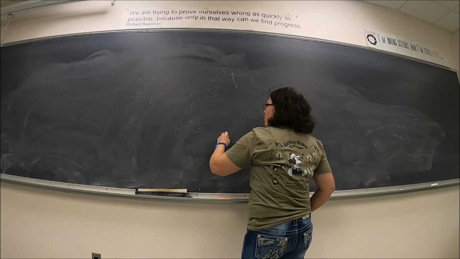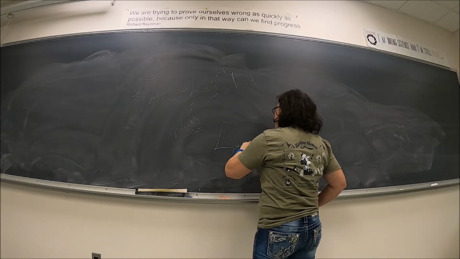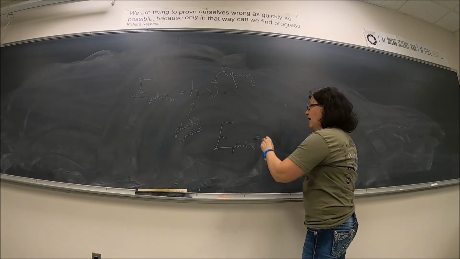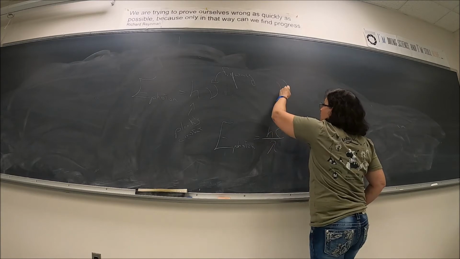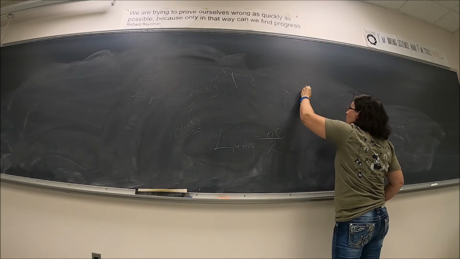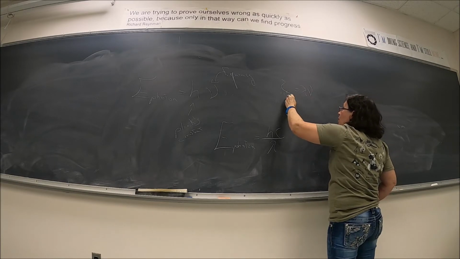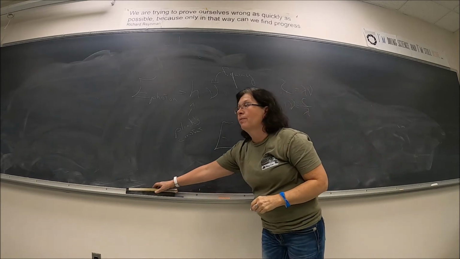You can also see it written this way: energy of a photon is equal to hc over lambda, because the speed of light equals lambda times nu, so nu would equal c divided by lambda. It's just a substitution.